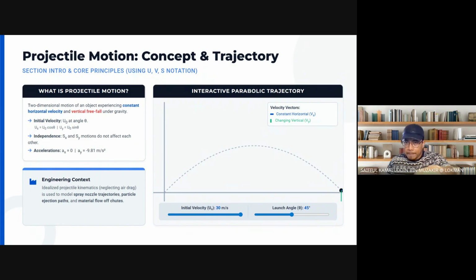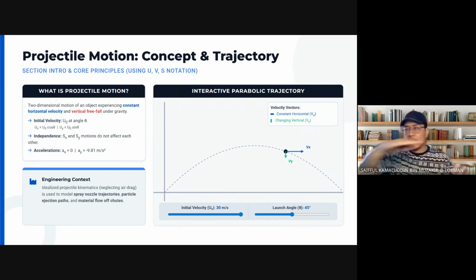That is why from the simulation you can see only vy is changing. Why? Because it is being pulled downward by gravitational acceleration. Why doesn't vx change? Because there is no gravity on the x component. No gravity is pulling to the left or to the right, because gravity always pulls downward. That's why only your vy changes. The vx doesn't change, not even the magnitude, not even the direction.